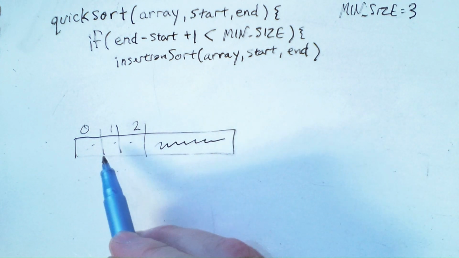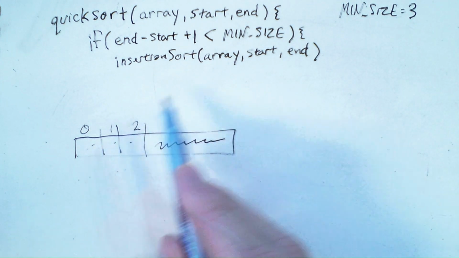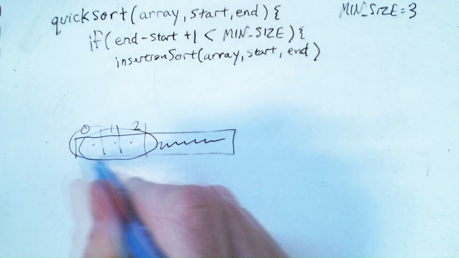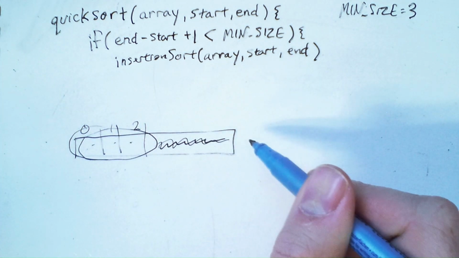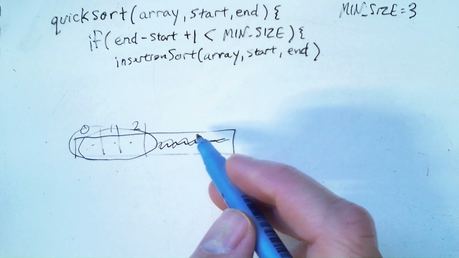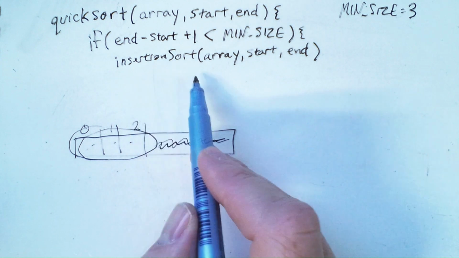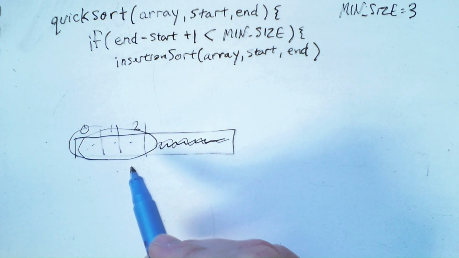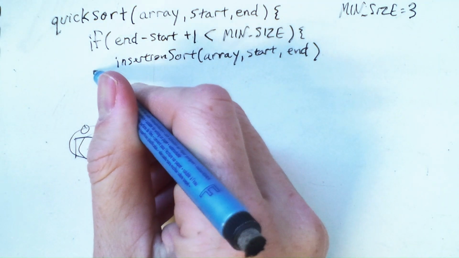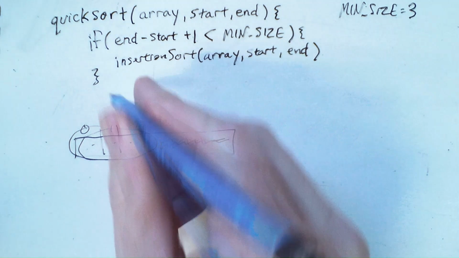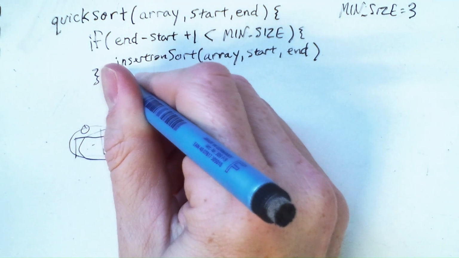But if I call insertion sort with array 0, 2, it's only going to sort these elements and not touch these ones at all. So we don't want to sort the whole array, because sorting the whole array every time we hit a base case would be very inefficient. So we'll close this off, and then we'll worry about the recursive case, which is where Quicksort is really interesting.